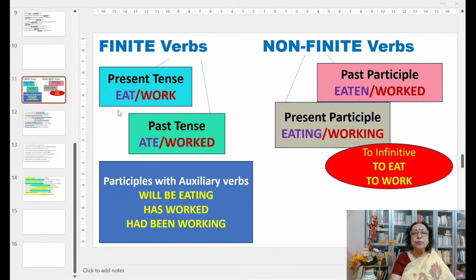Same thing I'll repeat again today. A finite verb is the present tense or the past tense or any of the tenses which can be derived only by adding a helping verb or an auxiliary verb.